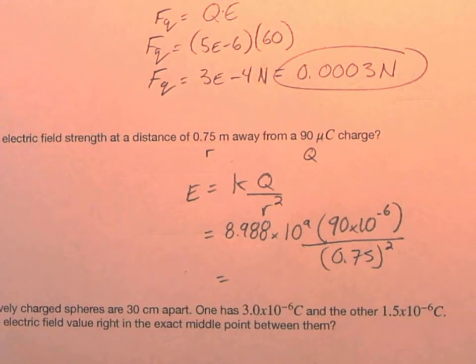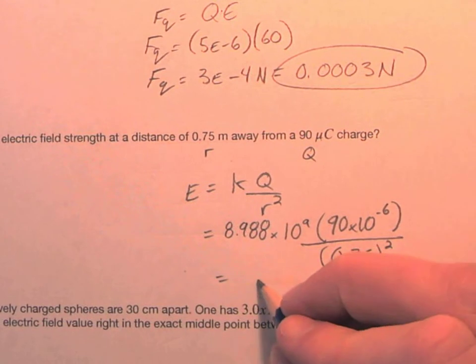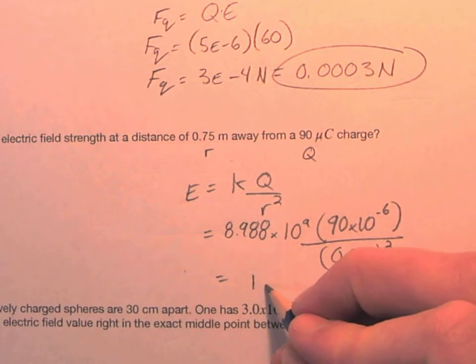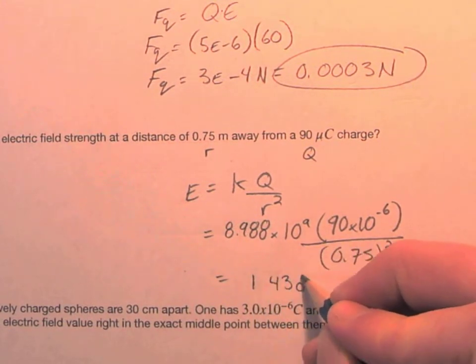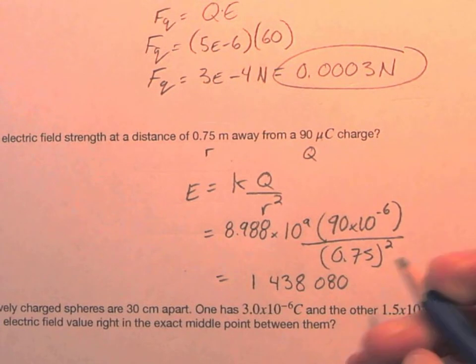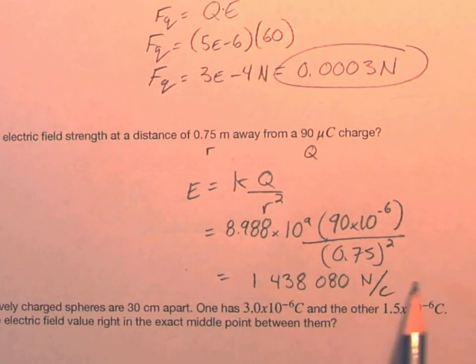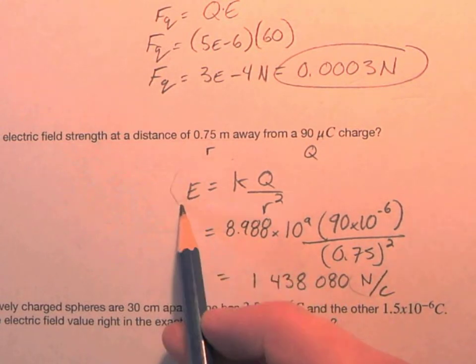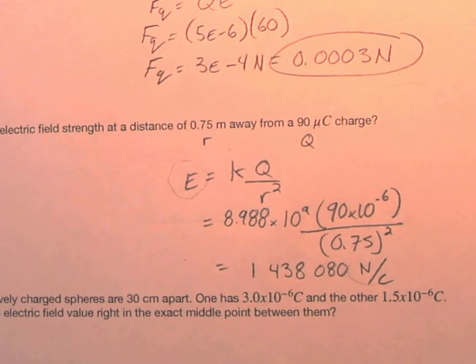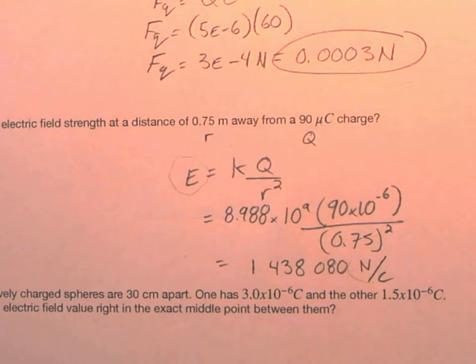When we type all that in, we get 1,438,080 newtons per coulomb. The reason why I put newtons per coulomb is because that's the unit of electric field strength. Okay.